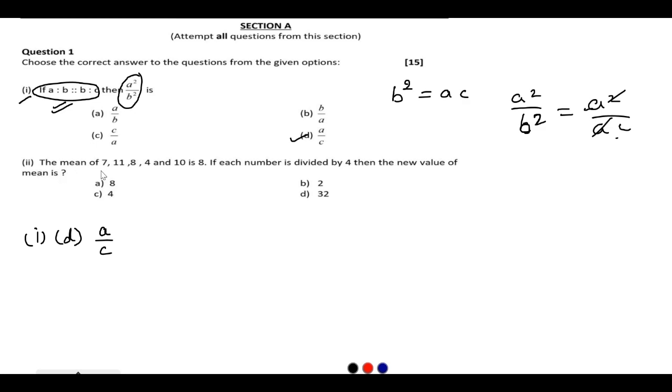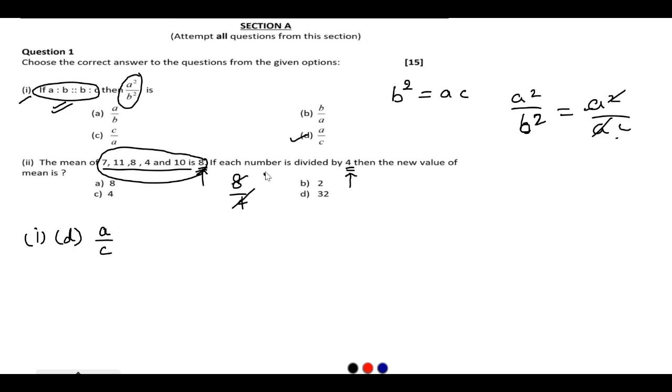Now second part, the mean of 7, 11, 8, 4 and 10 is 8. If each number is divided by 4, then find the new value of the mean. If the mean of certain numbers is given and each number is divided by a constant, then the new mean will be equal to the original mean divided by the same constant.